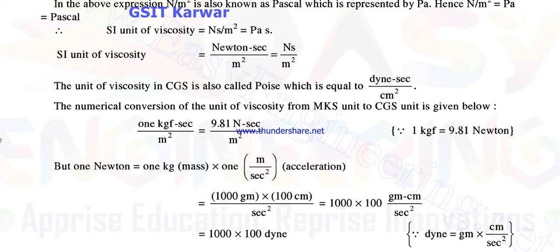It is very simple. 1 kgf second per meter square is equal to 9.81 Newton second per meter square. Therefore, 1 kg force is equal to 9.81 Newton. It is also very important.